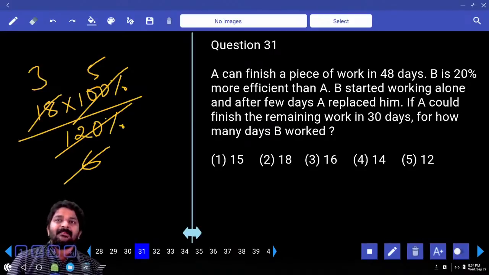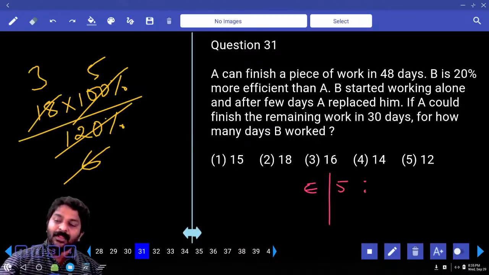So here you can even use the inverse ratio concept. You can use the proportional rule too, but you may not understand it. Inverse ratio, efficiency. What is A efficiency? 100%. Then B? Then ratio? If efficiency ratio is 5:6, time ratio becomes 6:5.